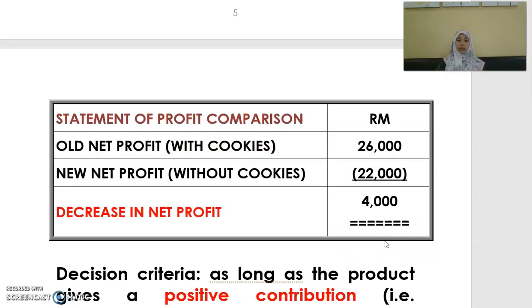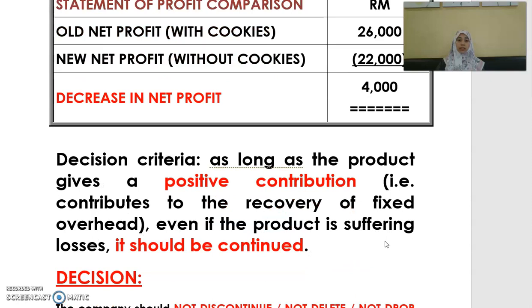So what's your decision? Your decision should be based on whether the product gives a positive contribution. Bear in mind, you are looking at the contribution and not the profit. As long as the product gives a positive contribution, that contribution will cover your fixed cost, and any extra will contribute to your profit.